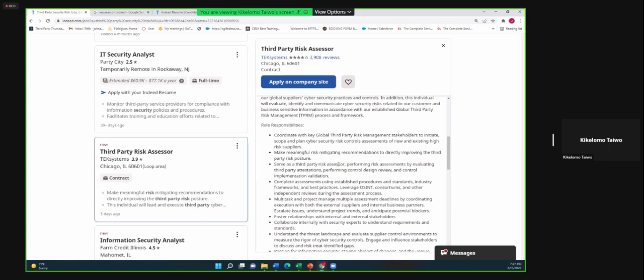Serve as a third-party risk assessor, performing risk assessment by evaluating third-party attestation. That's the documents you get back and the responses attesting that, okay, truly they have evidence. Performing control design review and control implementation evaluation. Don't worry about it, it's similar to what I taught you guys. Complete assessment using established procedures and standards, industry frameworks, best practices, and the likes.